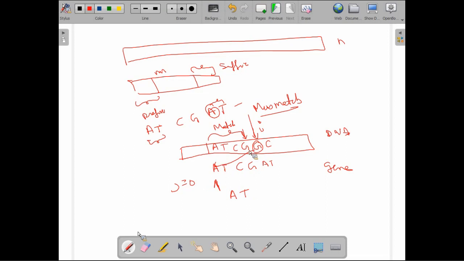So in this string, that is the DNA, something like this is there: A, T, C, G. Again, A, T is there, and again, let's say C is there. No, let me draw it again.